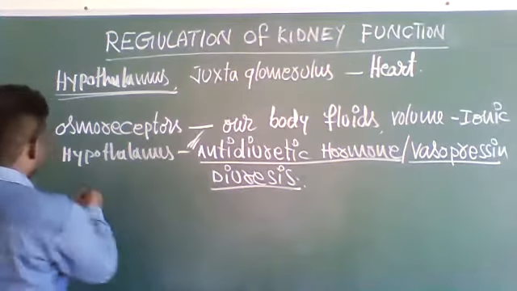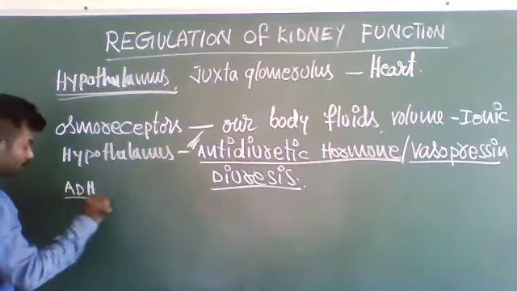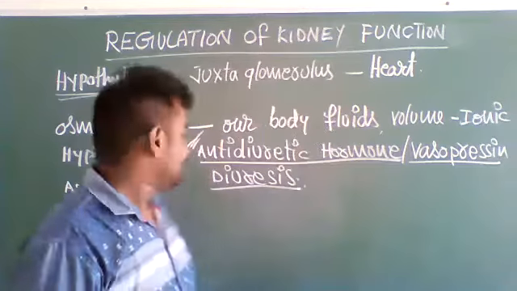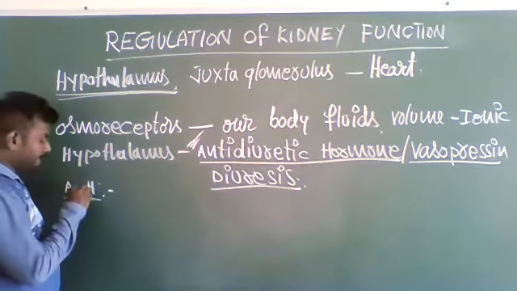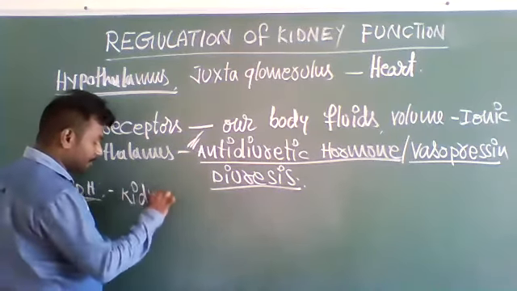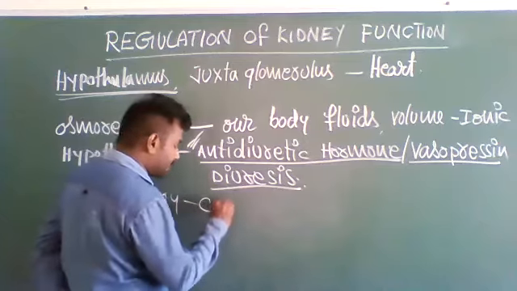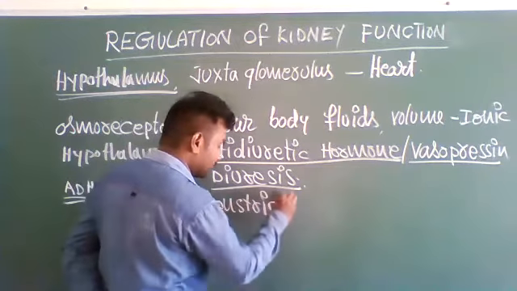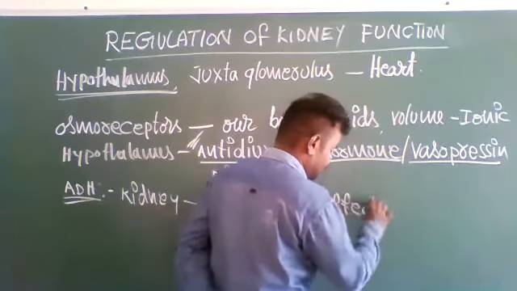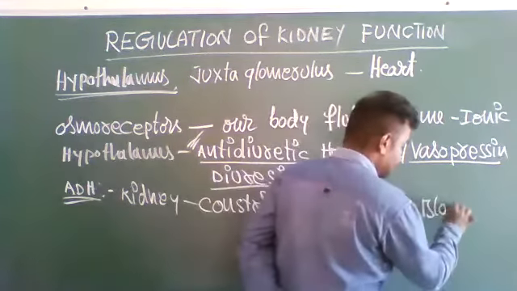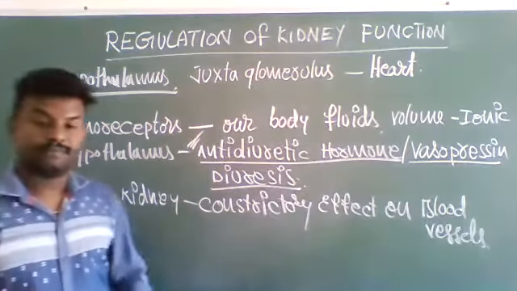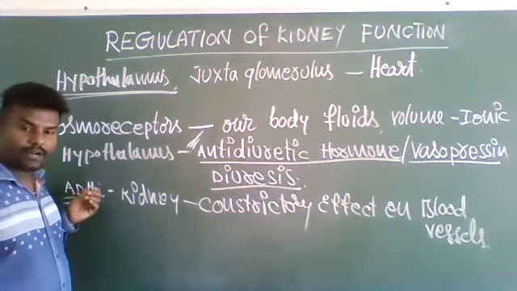Antidiuretic hormone also plays a major role in affecting the functioning of the kidney, by its constrictory effect on blood vessels.